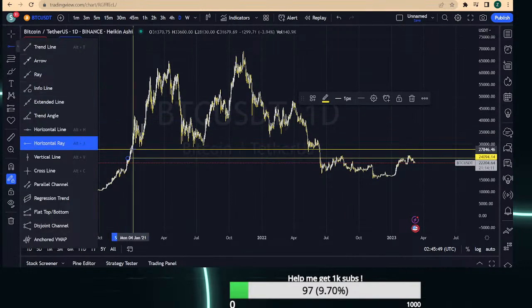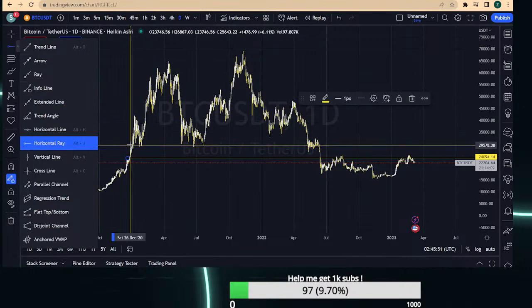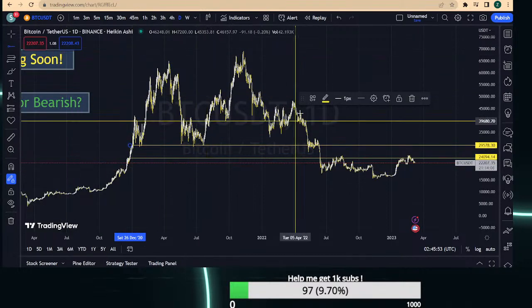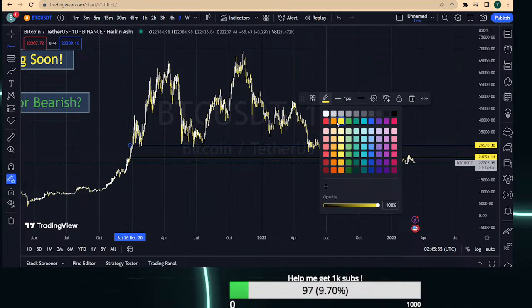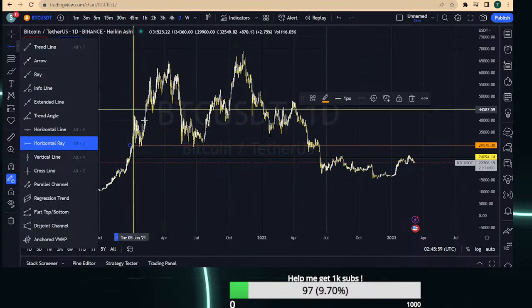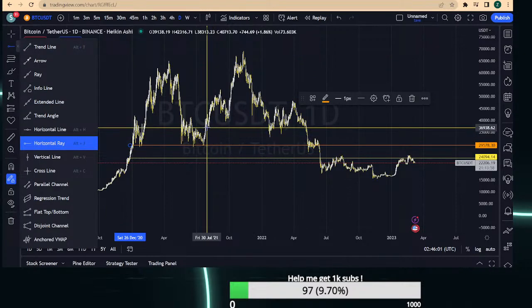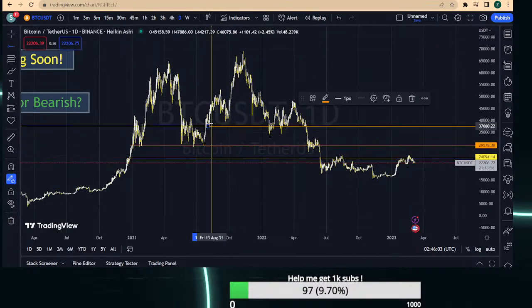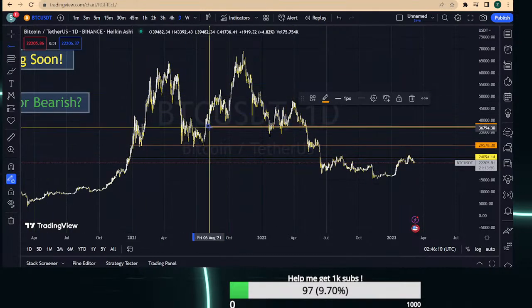We're going to do another one for the lows, and we'll change the color for the lows to orange. Do another low here, confluent with this, and this, and this. It's also confluent with back here as well.